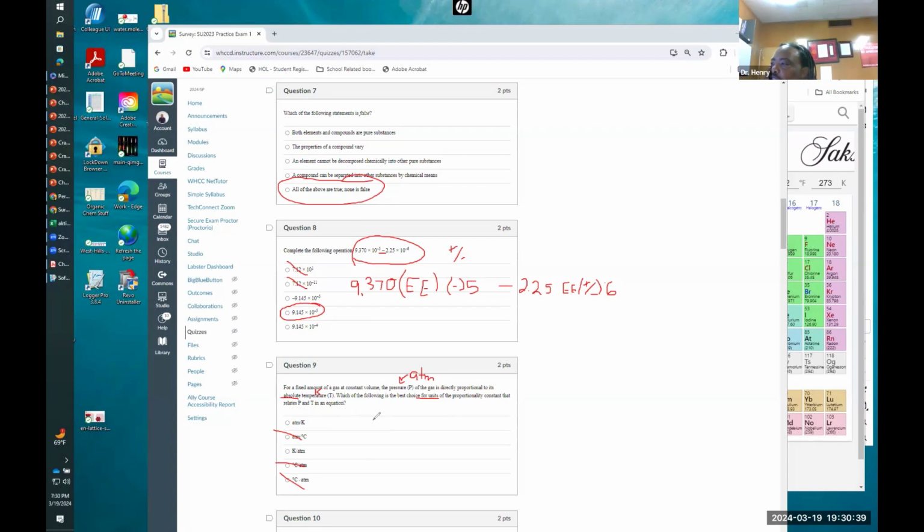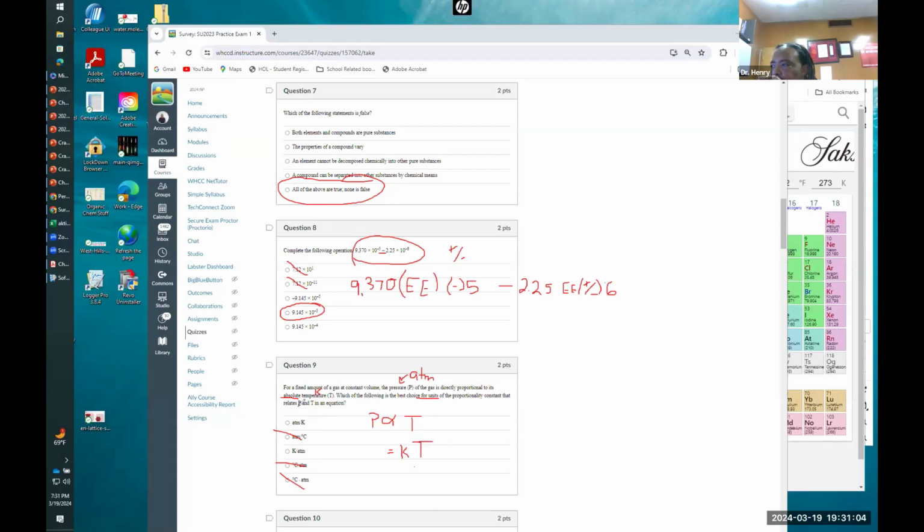So if we're saying that P is going to be proportional to T, this means that it's directly proportional. So as P goes up, T goes up. To make these equal to each other, we put a constant, K, and they want us to find the units of that constant. So if T is going to be in what units?